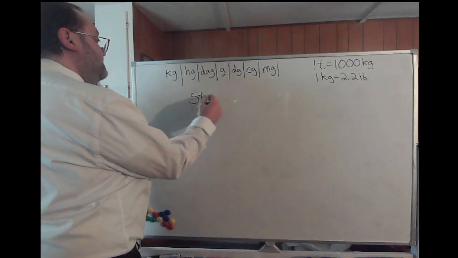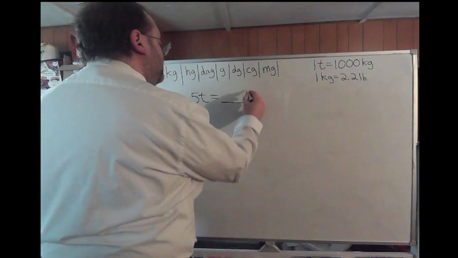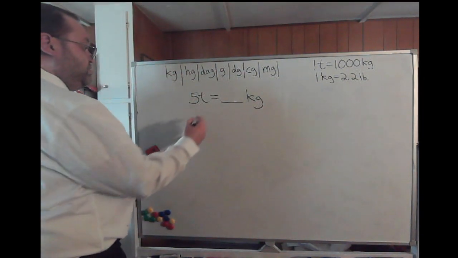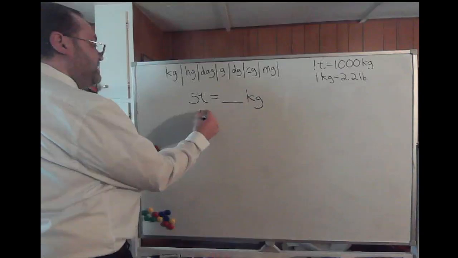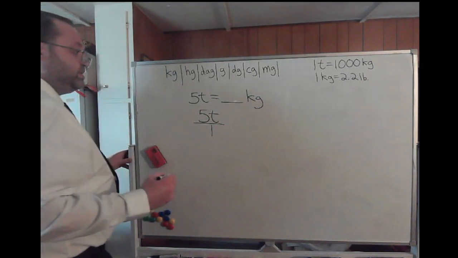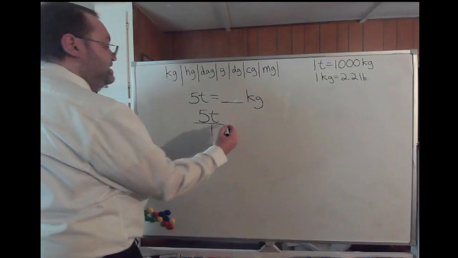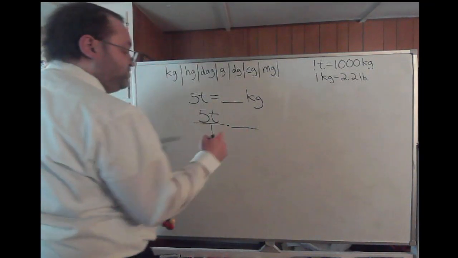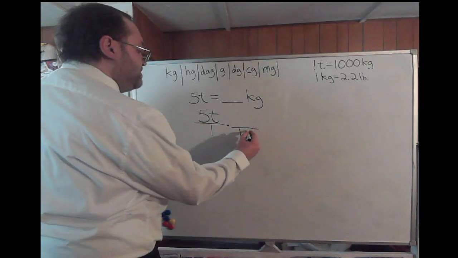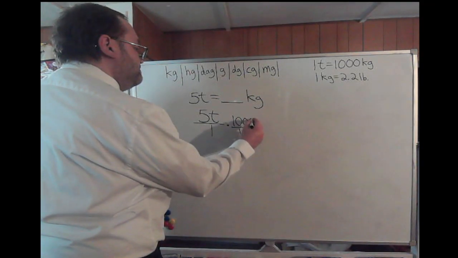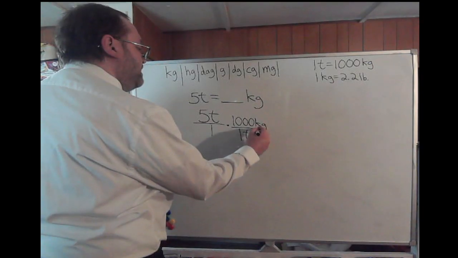But let's say I want to find 5 metric tons, how many kilograms does that equal? So we'll start out with the 5 metric tons over some guiding 1. Now we want the metric tons to cancel out. We want to get to kilograms. We can use the fact, putting the metric tons in the bottom, that in 1 metric ton there is 1,000 kilograms, right?